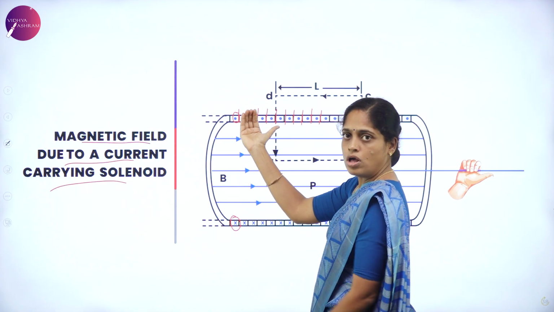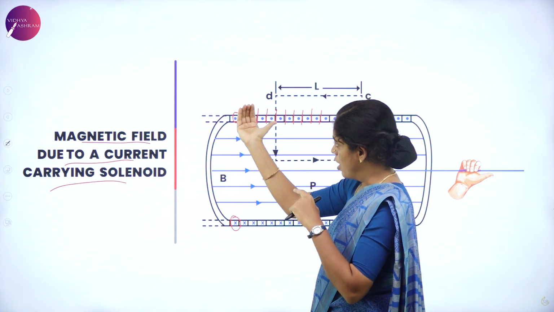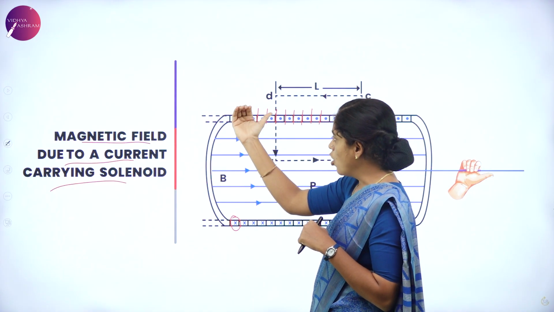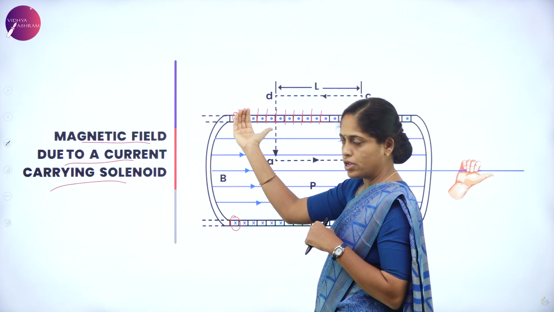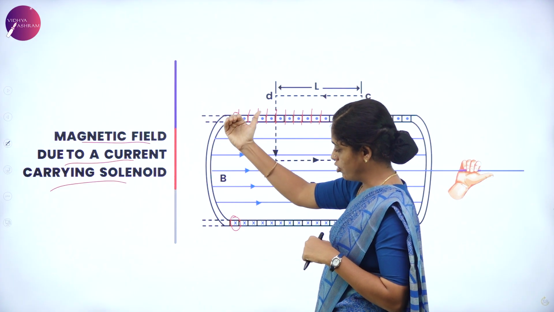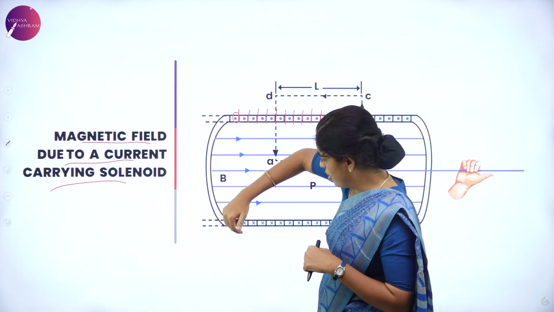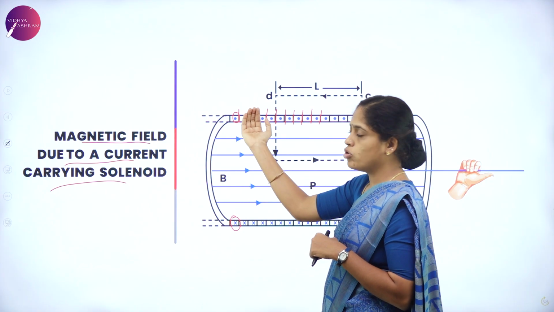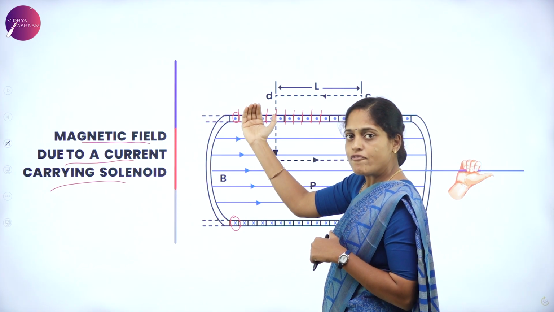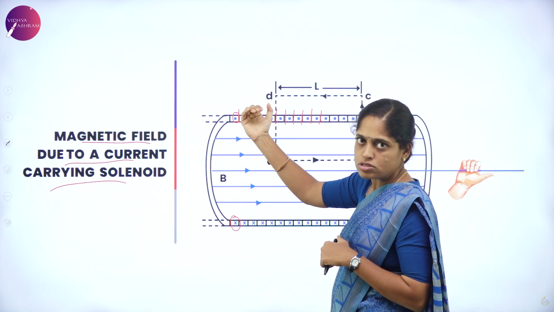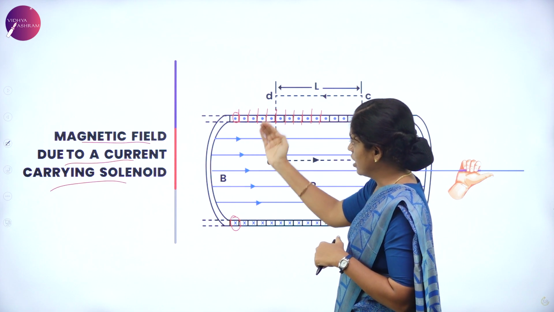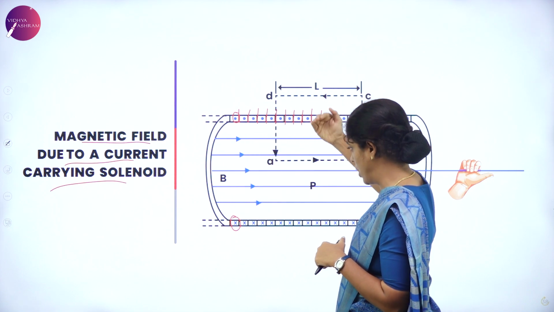So above, in one turn, the current is coming out of the plane of paper, and below it goes into the plane of paper. From that it comes out of the plane of paper from the second turn of the solenoid. Same way the current flows in the solenoid.